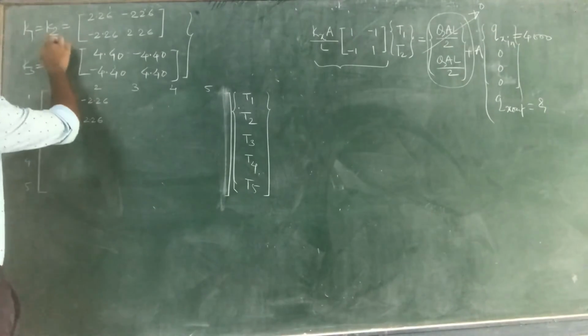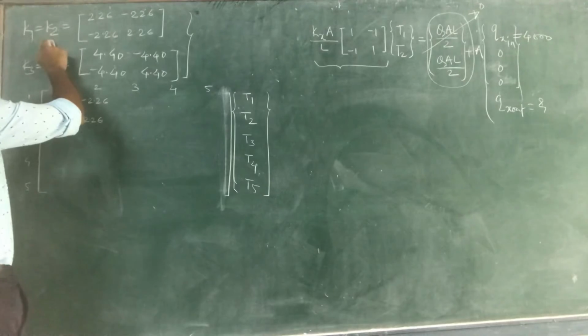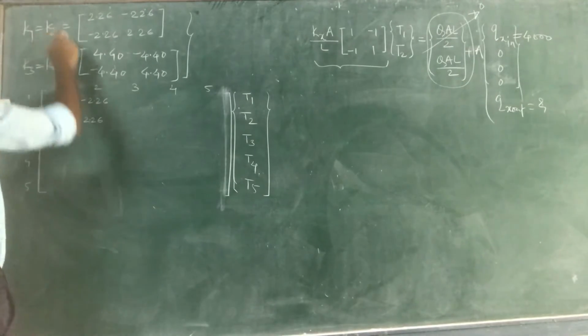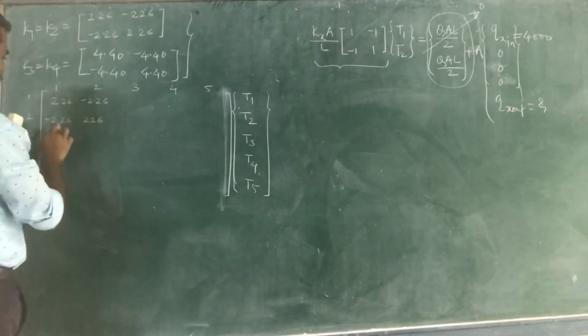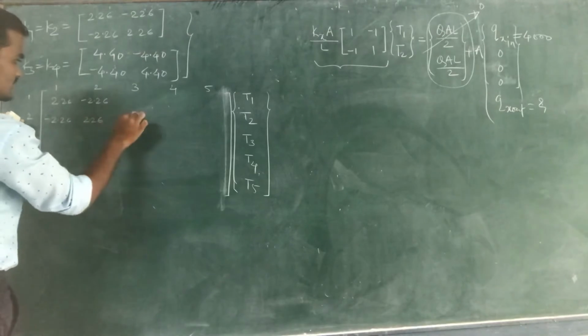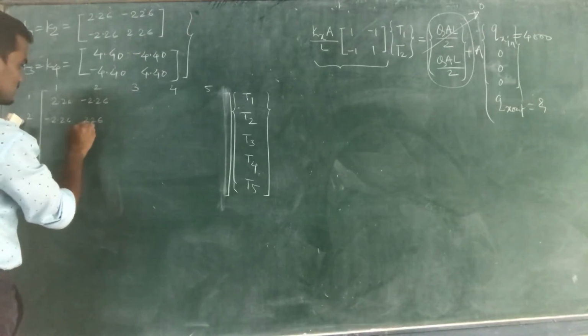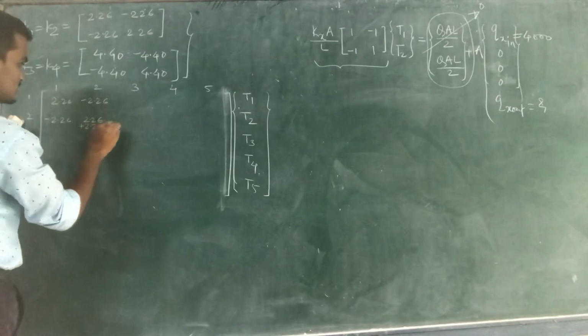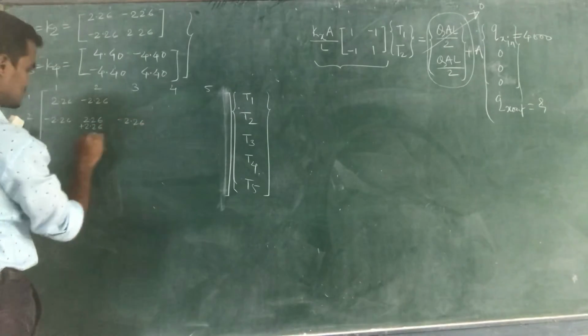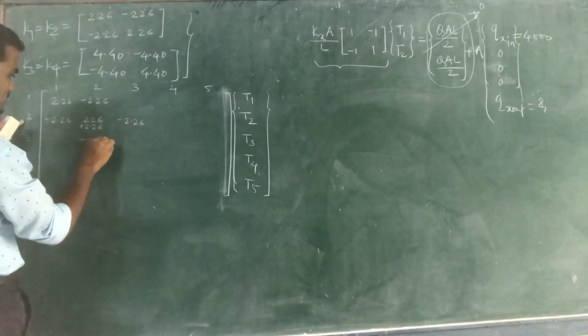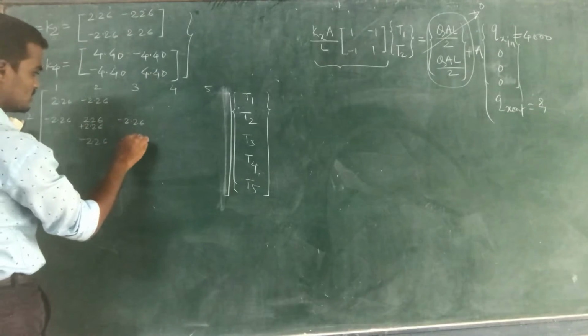Now, the connectivity of the second element of the stiffness matrix is in between node 2 and 3. So between node 2 and 3, this will be placed at this position. So plus 2.26, minus 2.26, minus 2.26, plus 2.26.